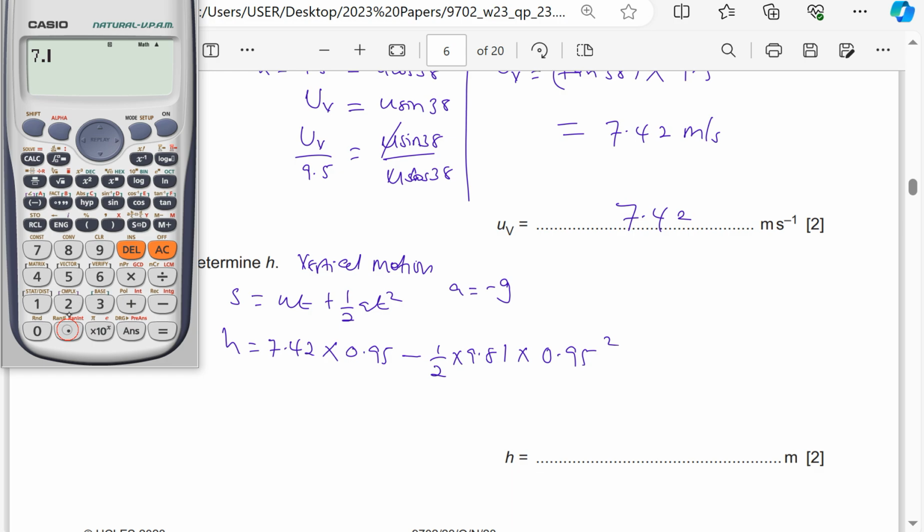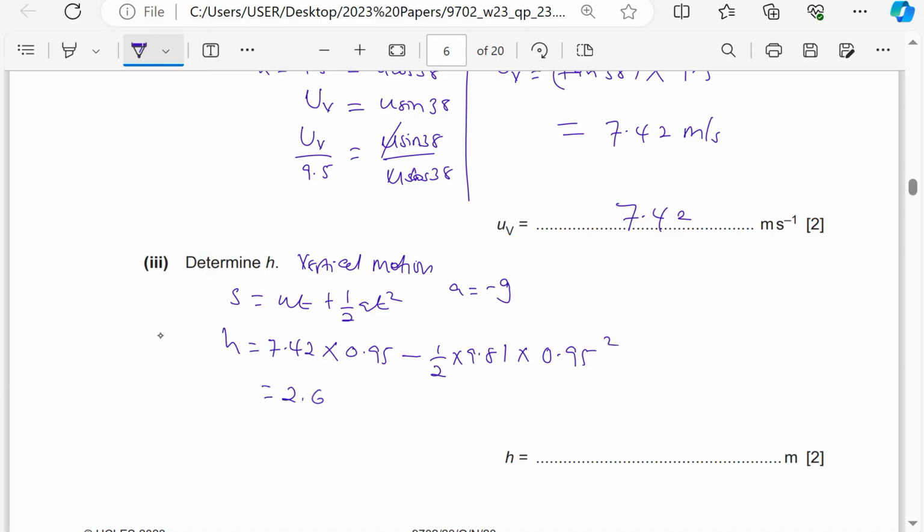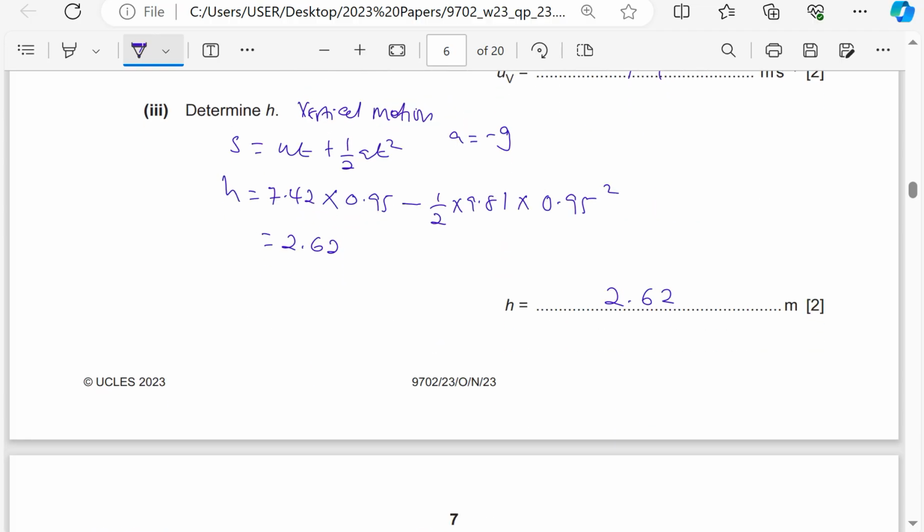So 7.42 times 0.95 minus open brackets 0.5 times 9.81 times 0.95 squared. So this is 2.62. So that is H.